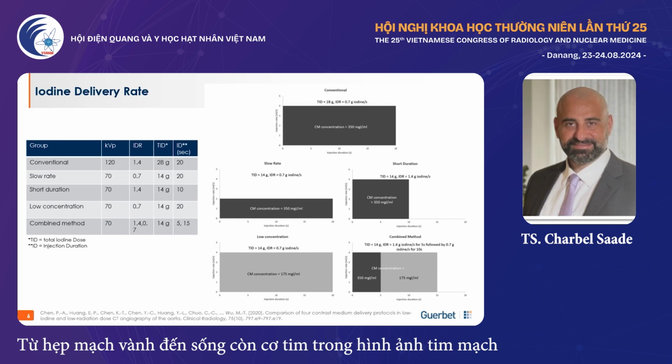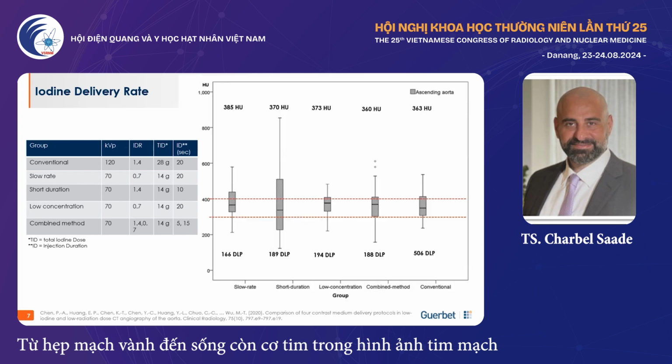You don't need more than that in terms of concentration because you're using a lower kVp, you get higher Hounsfield units. As you can see here with this iodine delivery rate with the 5 different protocols, the combined method as well as the low concentration and the conventional technique showed a closer and more compact distribution in terms of image quality and Hounsfield unit density.